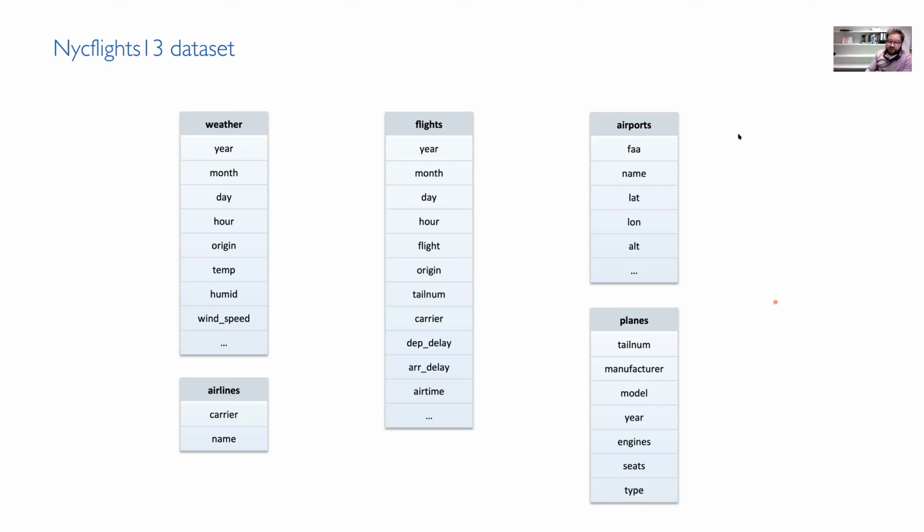We can get some information about the airport, where we have an airport identifier, the name of the airport, the longitude and latitude and altitude of this airport, and so on. And finally, we can also get some information about the airline that corresponds to a certain flight.